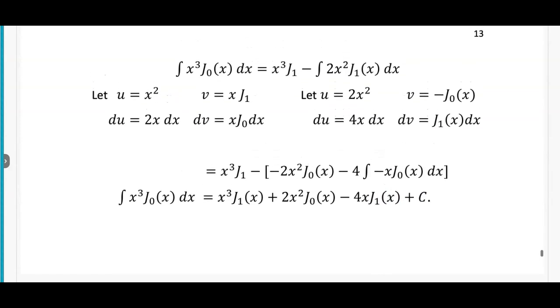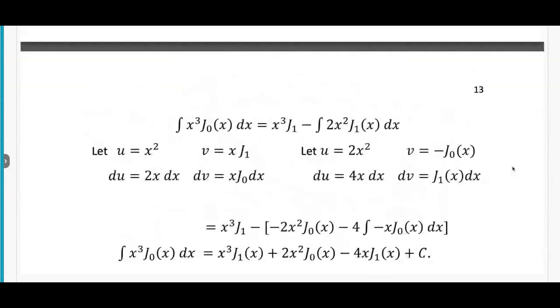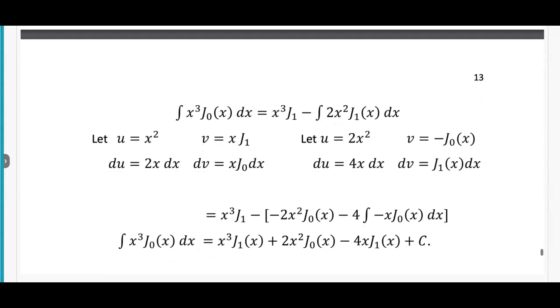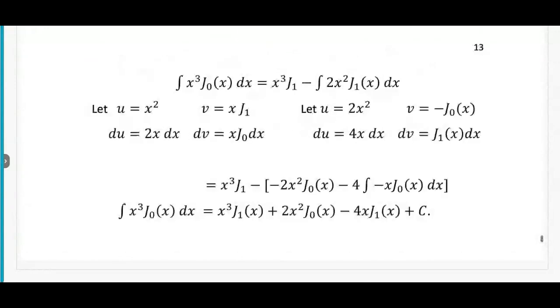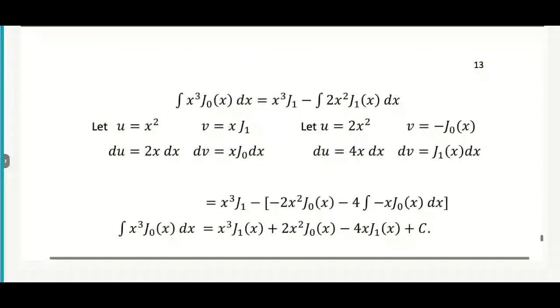Any questions? So Bessel functions and gamma functions are very interesting functions. We have these recursive relationships among their terms. Okay, that's all I have to talk about today.